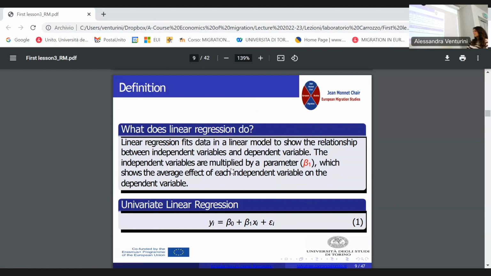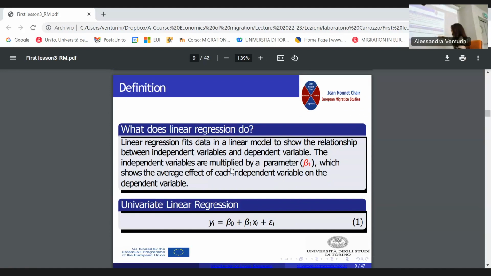This is the way in which the relationship is analyzed. This is the error, the individual error, because each person has a different individual state. And this one you didn't mention.